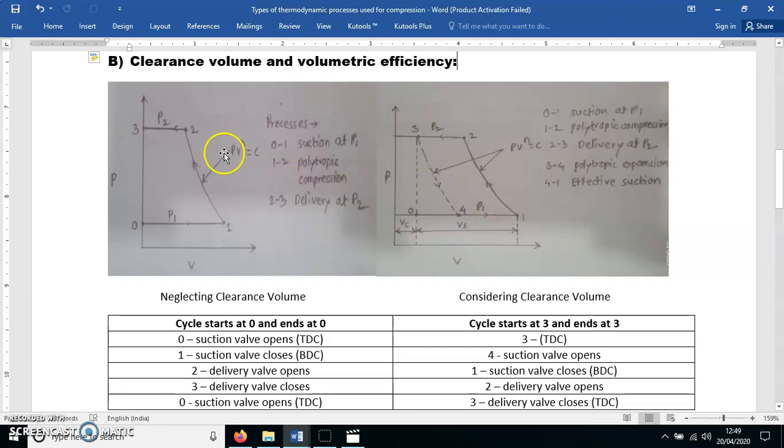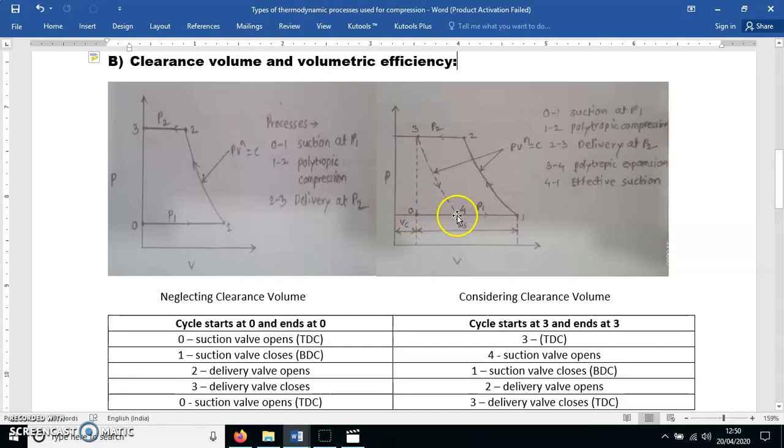If the clearance volume is not there, then such kind of expansion process is not there, and the complete suction stroke is available for the suction, that is from 0 to 1. But in this case, as the clearance volume is there and there is an expansion of that residual air, your suction valve does not open at 0, it opens at 4, meaning there is a delayed opening.